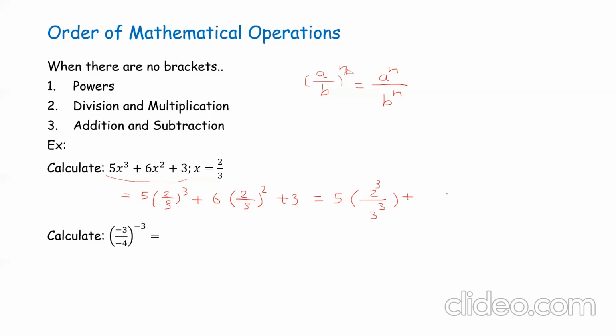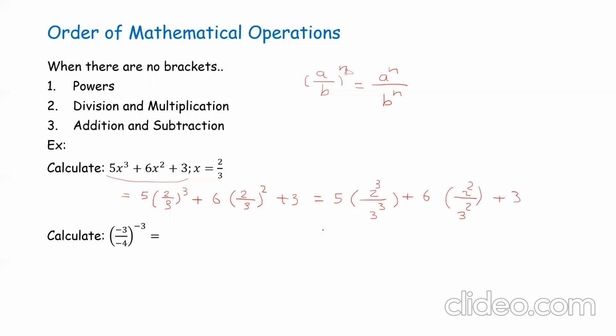We close the bracket and we move to the second term, which is 6 multiplied by, now exactly the same, 2 to the power of 2 over 3 to the power of 2, plus 3 remaining.